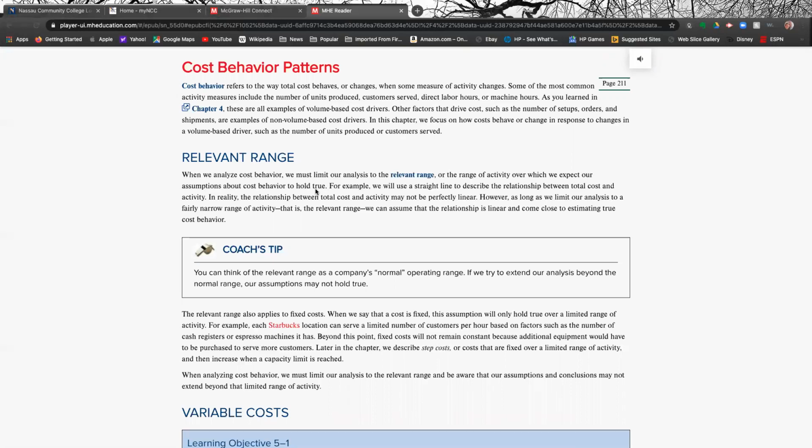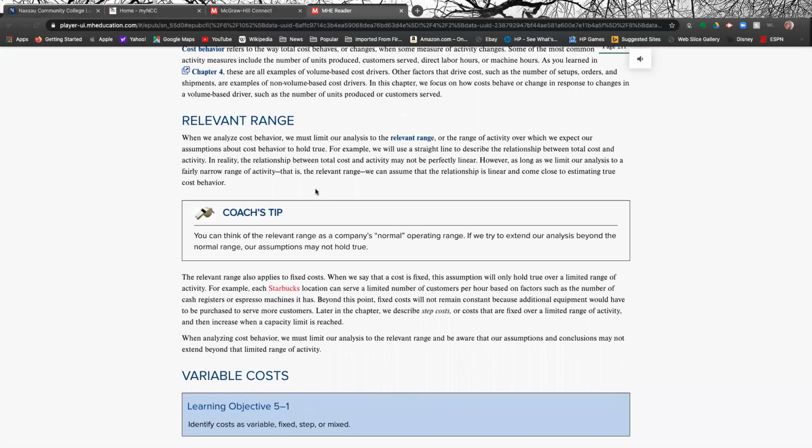A normal operating range of activity. You know, just say, for example, you had a factory, and that factory was capable of making 100,000 units of whatever product it is that you make. If you operated your plant 24 hours a day, 7 days a week, you could make 100,000 units of product.